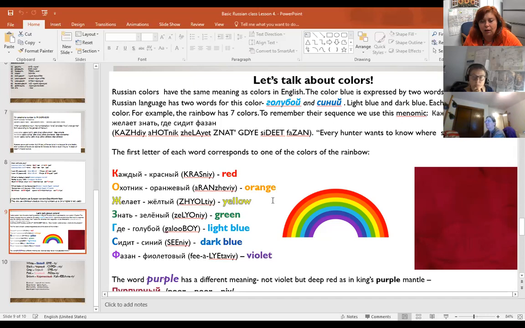Or the color that in English is lilac, in Russian will be лиловый. Лиловый, lilac. Another interesting color is, well, I already told you about purple and пурпурный.